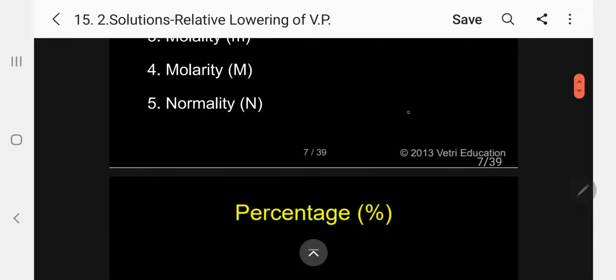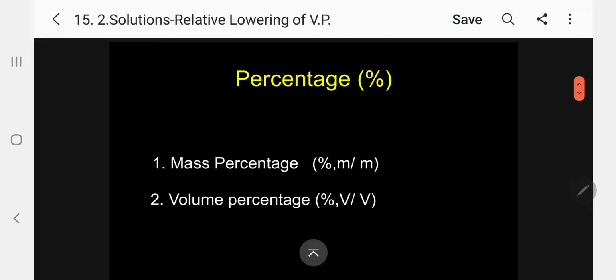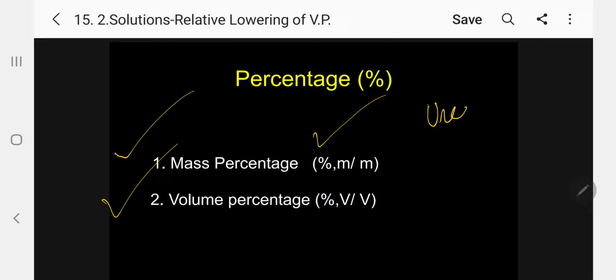Kindly follow. So let me say percentage. There are two types, mass percentage and volume percentage. Mass percentage is usually expressed in terms of gram. For example, let me take urea and water. Let me take 100 gram of water and 1 gram of urea.